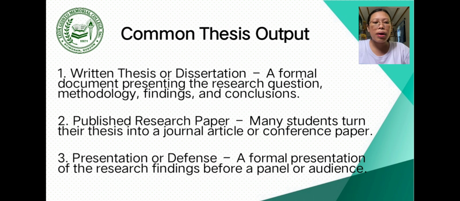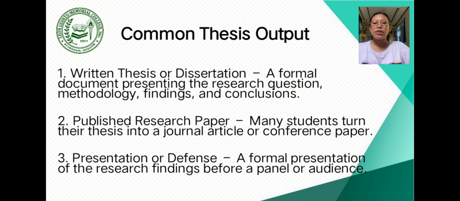Number 2 is a published research paper. Many students turn their thesis into a journal article or conference paper. Number 3 is the presentation or the defense. It is a formal presentation of research findings before a panel or audience to rate the thesis.